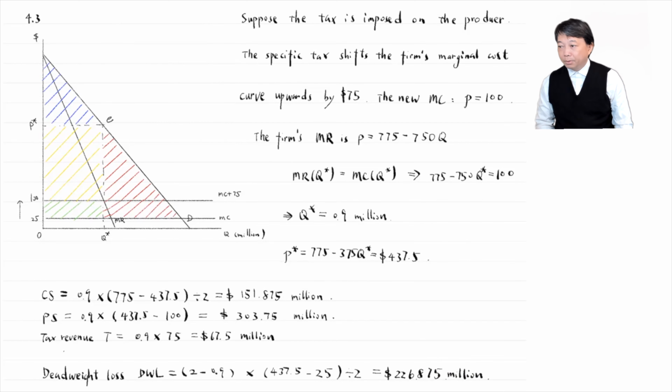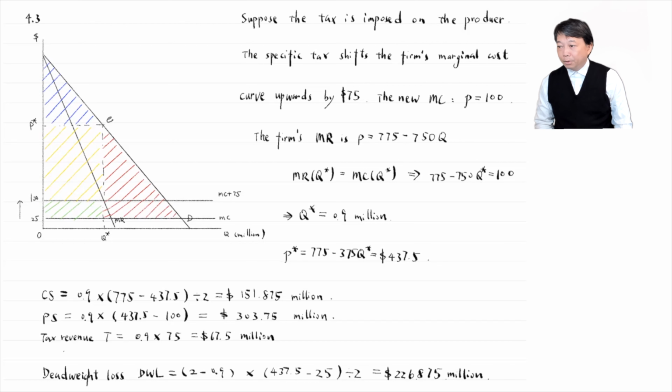We can summarize the welfare effect of the tax. The tax reduces the consumer surplus and the producer surplus. The government collects the tax revenue, but the social welfare, the sum of consumer surplus, producer surplus, and tax revenue, drops. The deadweight loss rises with the tax.